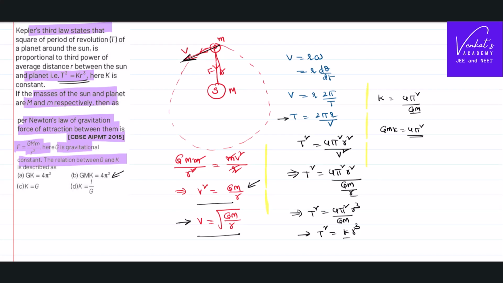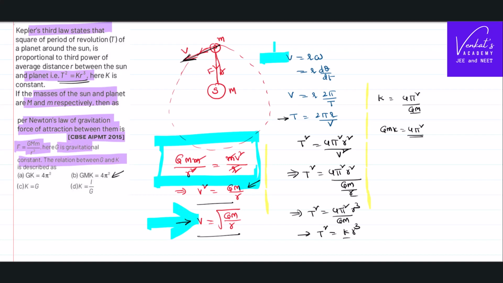So in solving this problem, we have used some basics. First, let us recall what we have used. As the planet is revolving in a circular orbit around the sun, centripetal force is provided by gravitational force. Basing on that, I calculated the velocity. The linear velocity and angular velocity relation is v equal to r omega.